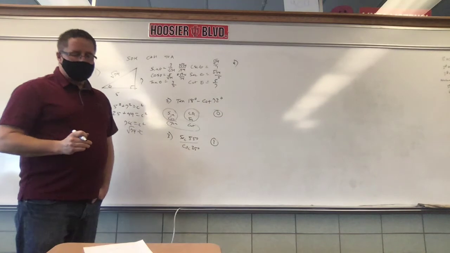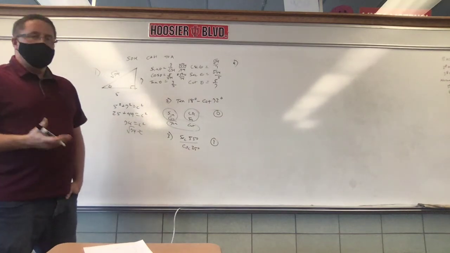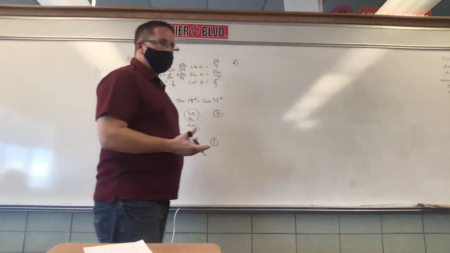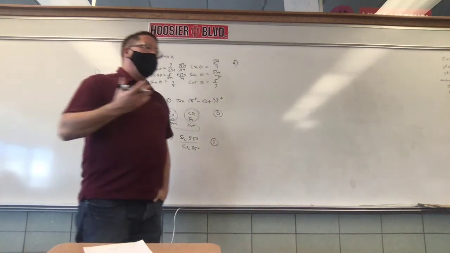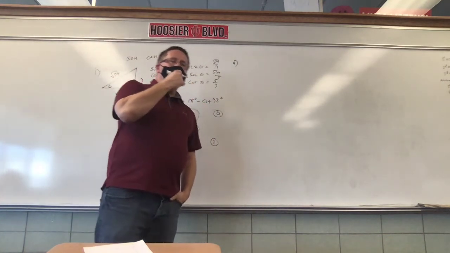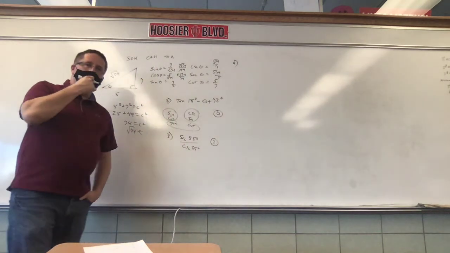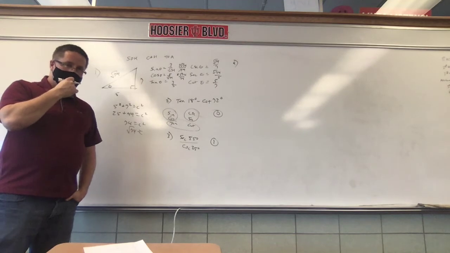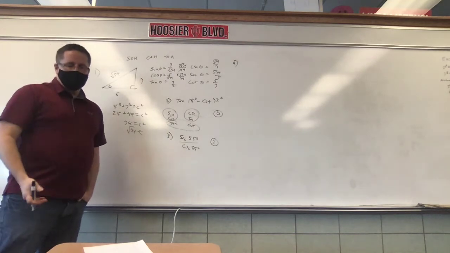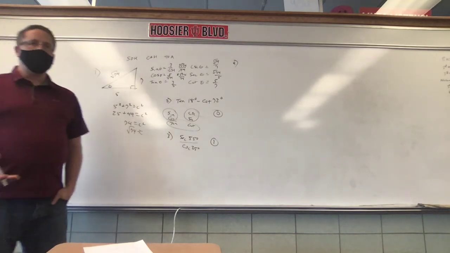Now what I'm getting at though is this. You can use the law of sines on number 4. You could use the law of cosines on number 5. But what I taught you was you use the law of sines and the law of cosines to solve non-right triangles. So you don't need to use those because 4 and 5 are both right triangles.